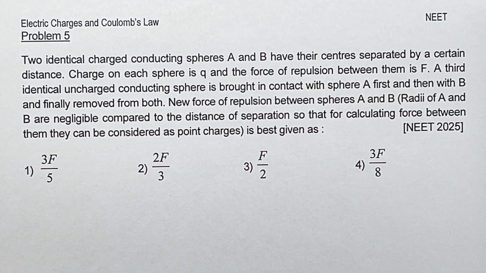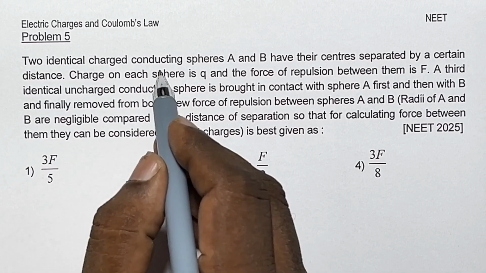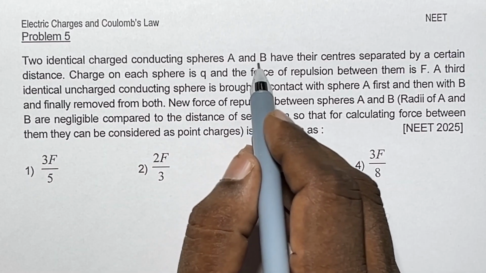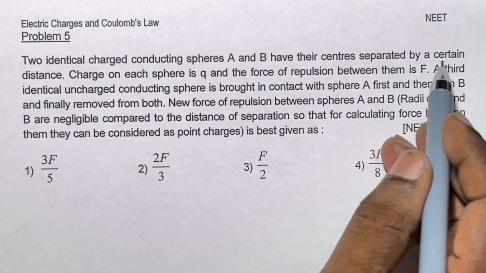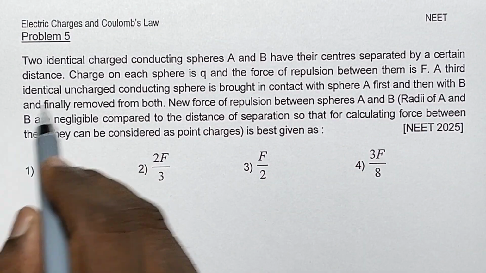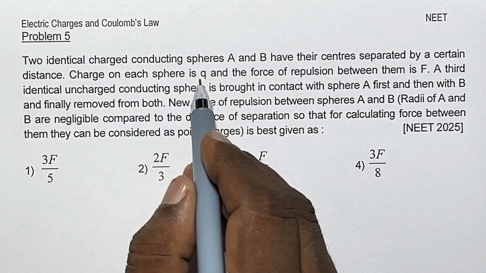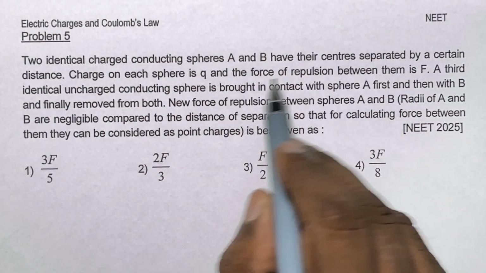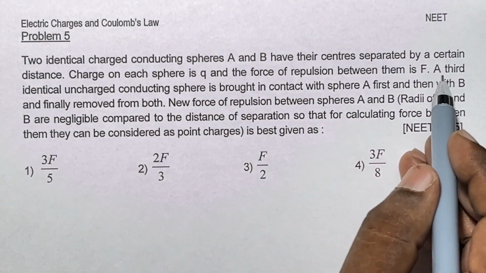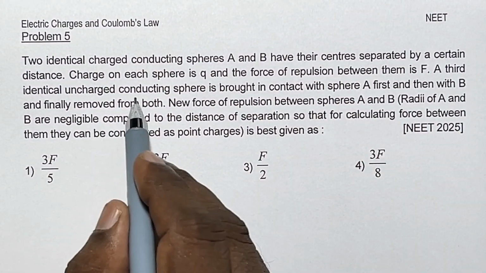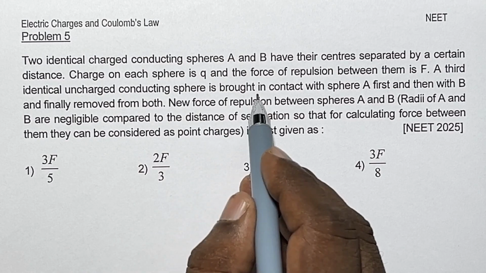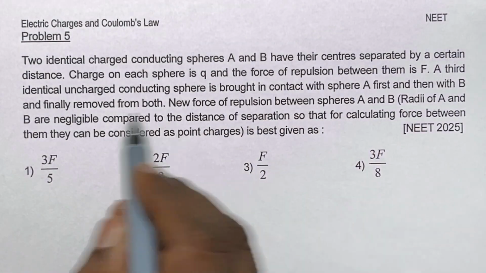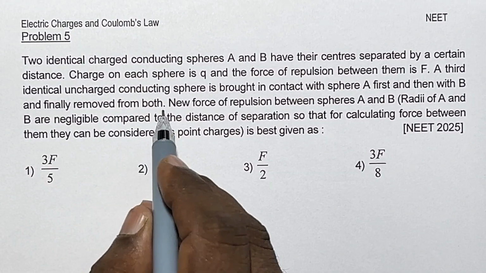In this problem, two identical charged conducting spheres A and B have their centers separated by a certain distance. Charge on each sphere is Q and the force of repulsion between them is F. So force of repulsion, that's why both are similar charges. A third identical uncharged conducting sphere is brought in contact with sphere A first and then with sphere B and finally removed from both.